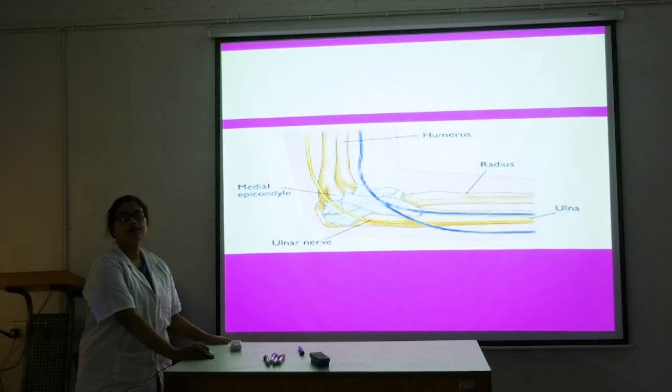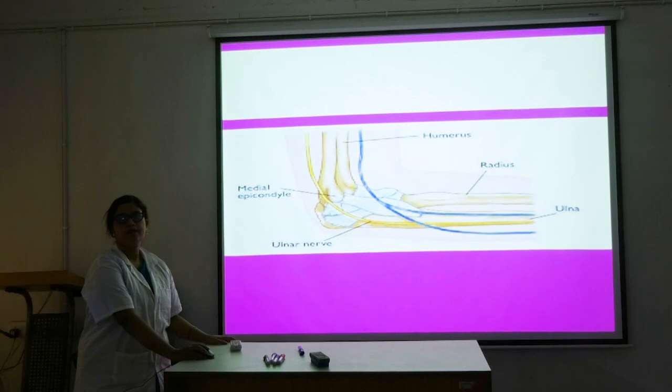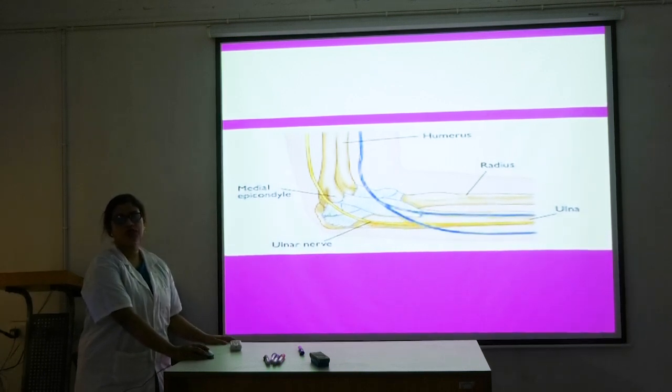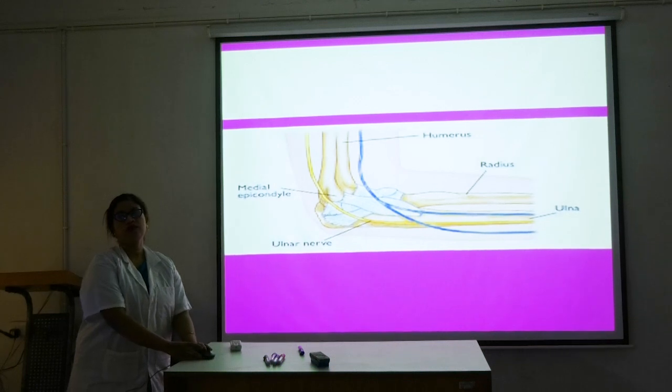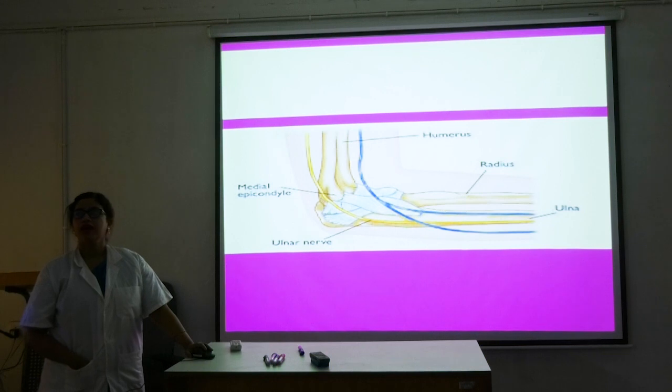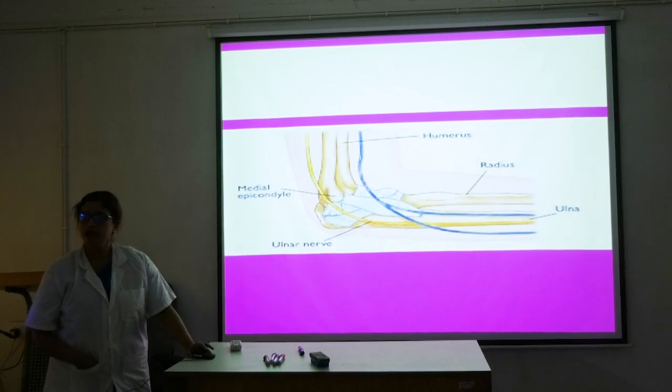Which are the origins? Flexor carpi ulnaris. Which are the two origins? It is already taught to you. Tell me what they are. Will you take both separately? One is the common flexor origin, okay, and another one would definitely be from the ulna.